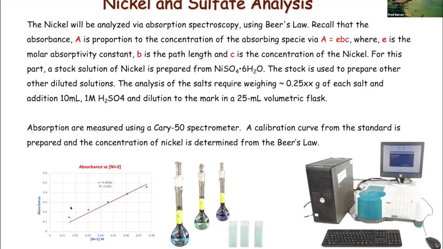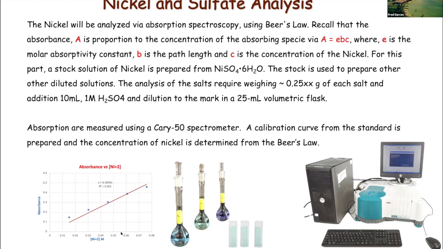I would measure the absorbance. That's what this graph shows you. I have a known concentration of my nickel from my standard, and I measure the absorbance through the instrument. Now, if I take my salt, and I know how much I have, and I put it in a certain amount of water, and I measure its absorbance, I can use this calibration curve to calculate the concentration of the nickel in my salt.